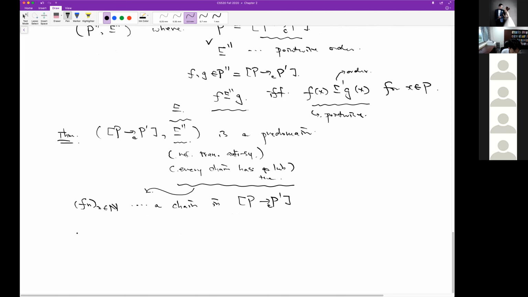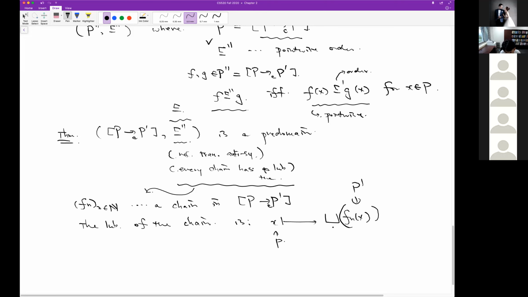So the least upper bound of the chain is the following function. It takes input x, which is in P, and it produces an output in P prime. The output is defined by applying each of these f_n to x, so that's a chain in P prime.